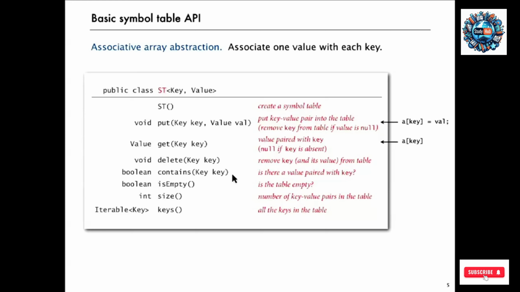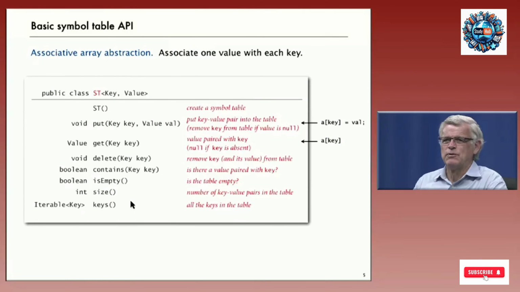It's convenient for many clients, where it just tells us whether there's some value paired with that key in the table, is empty, and size. And then another thing that you might want to do is iterate through all the keys in the table. So those are the basic operations that we're going to want to implement to get the associative array abstraction. And then there are many, many possibilities for clients, and we'll look at some later on.